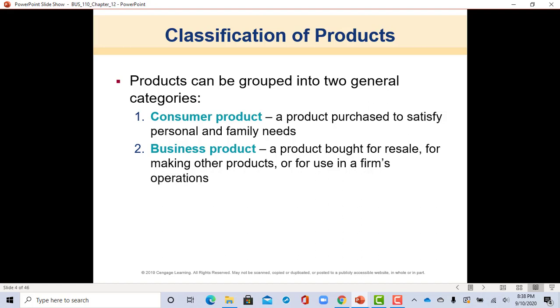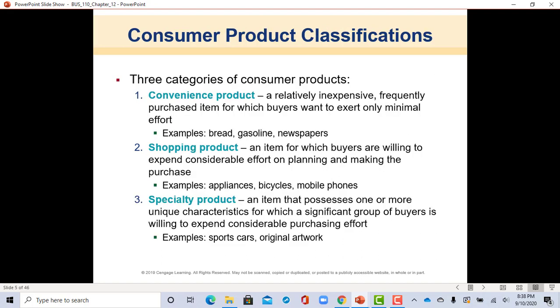Different classes of products are directed at different target markets according to their varying needs and wants. A product's classification largely determines what kind of distribution, promotion, and pricing are important. There are three categories of consumer products: convenience product, shopping product, and specialty product.